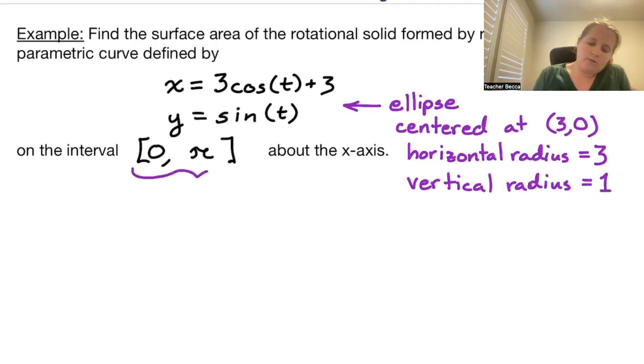Since we're looking only over 0 to pi, this is the top half of the ellipse.